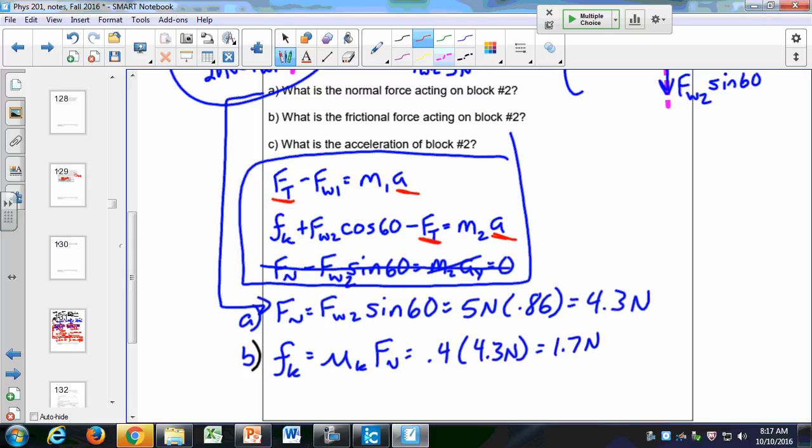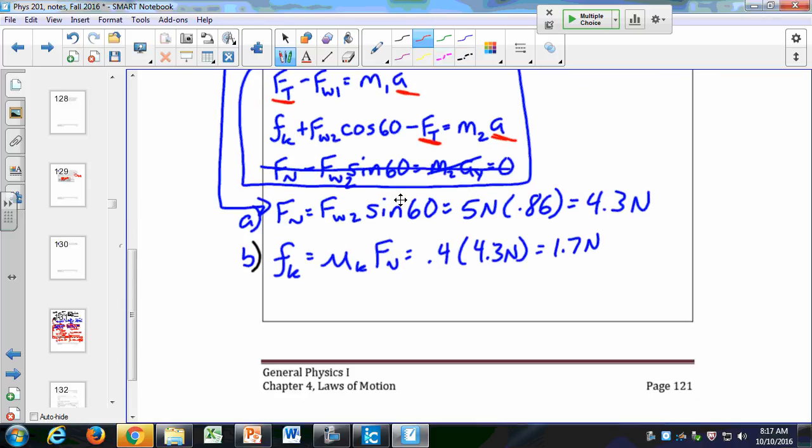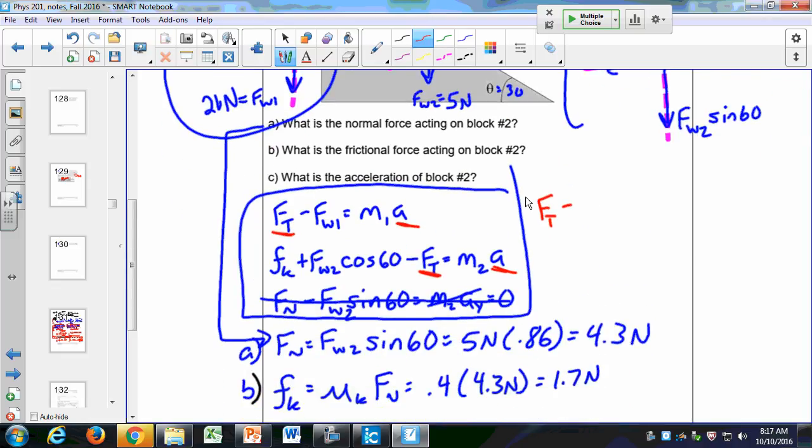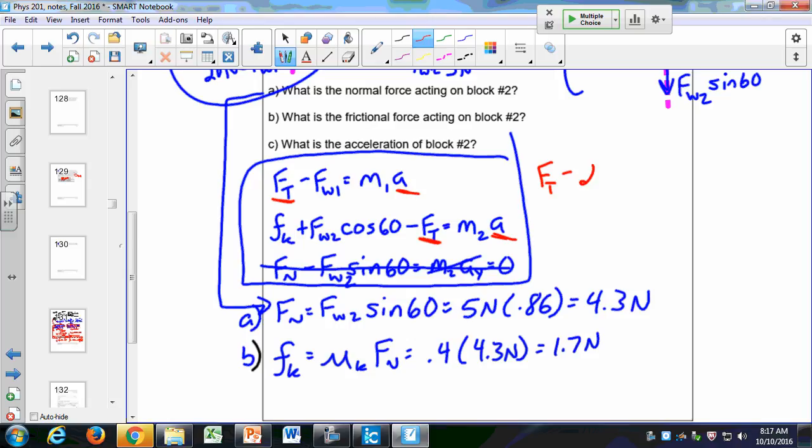And so I want to solve these for A. You can do this in a variety of ways, but first I'm going to rewrite them and just put in the values that I know. I have Ft minus Fw1, which was 21 newtons, equals 2.1A.